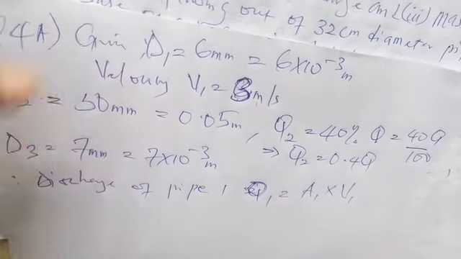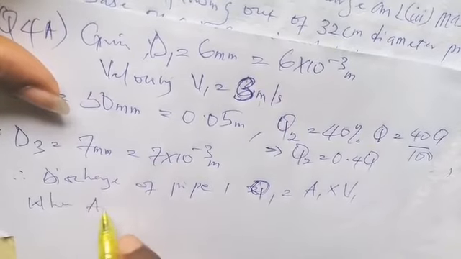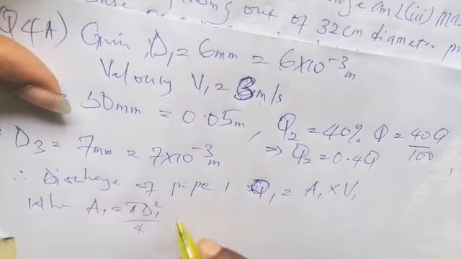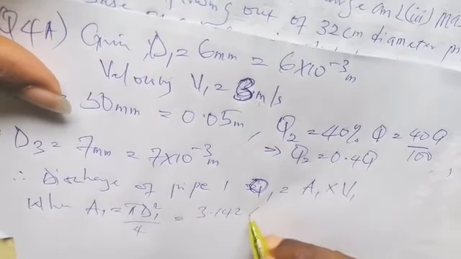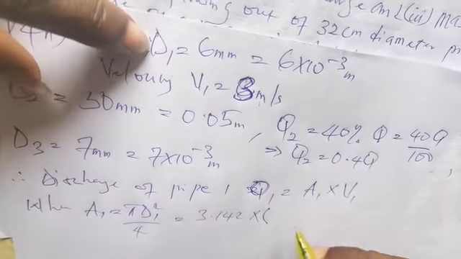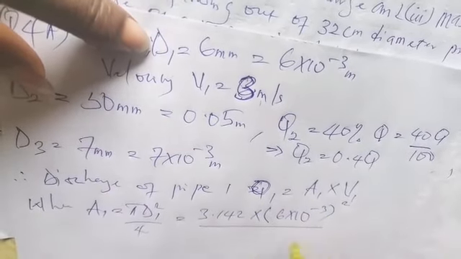It's as simple as this. So all we need to do is find the area, where area of pipe 1 becomes pi D1 squared all over 4, and that's equal to 3.142 multiplied by 6 by 10 to the power of minus 3 all squared all over 4.